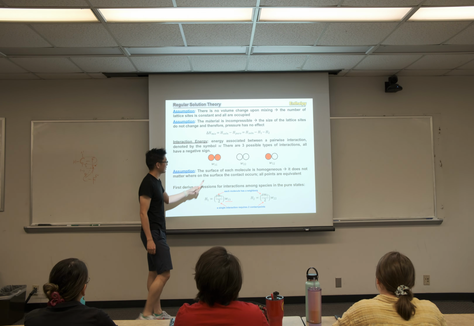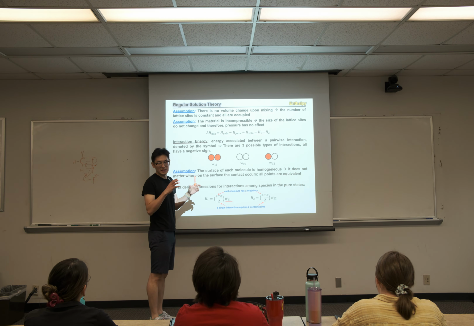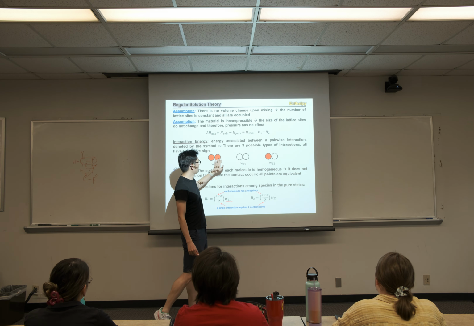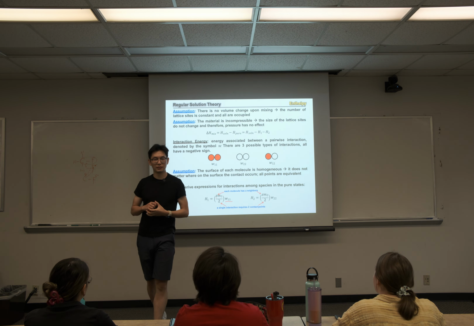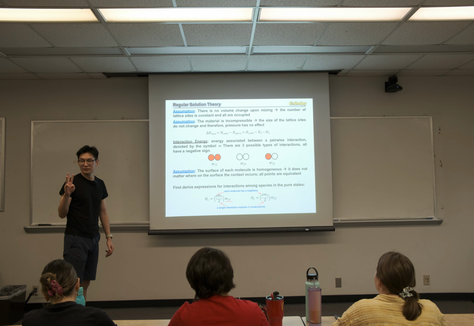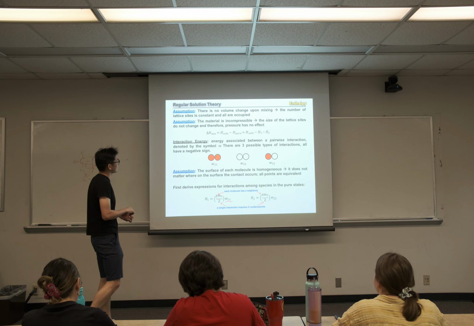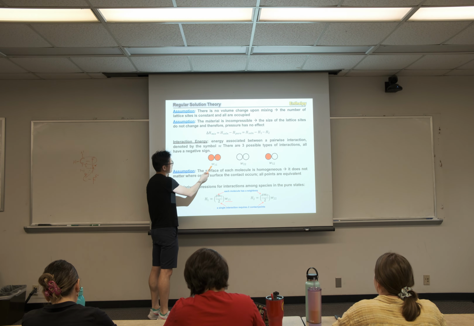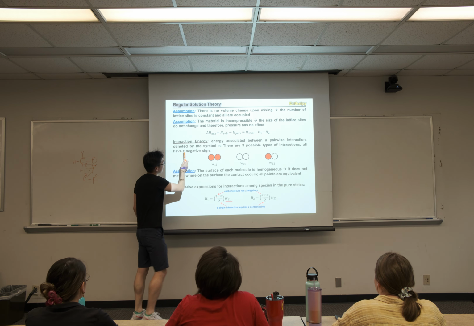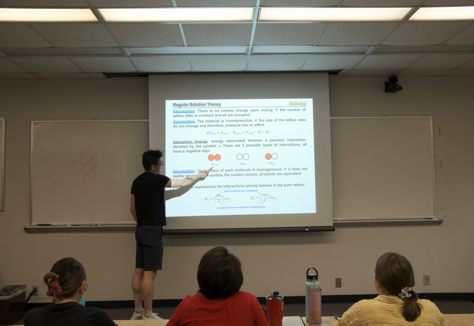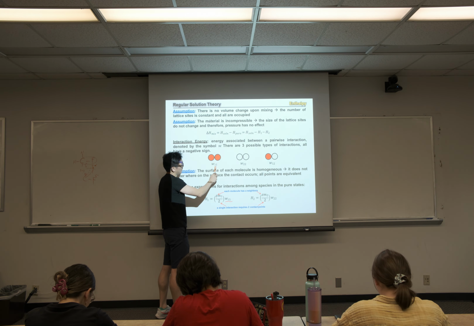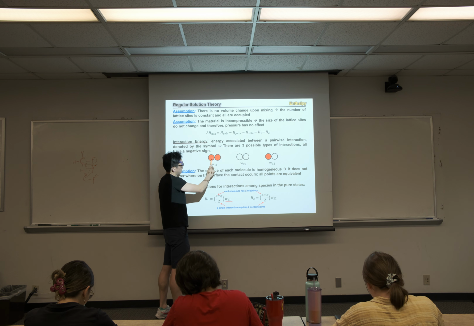Think about the molecules we draw on this lattice. We draw again a red bead and white beads. So we can assume there are 3 types of interactions. So let's call these W. W is the energy associated with a pairwise interaction. So W11 denotes the interaction between the red beads.